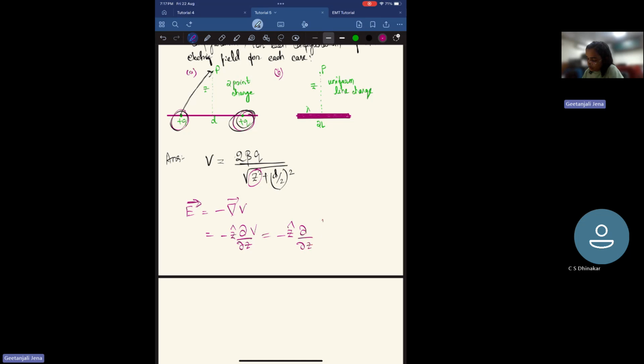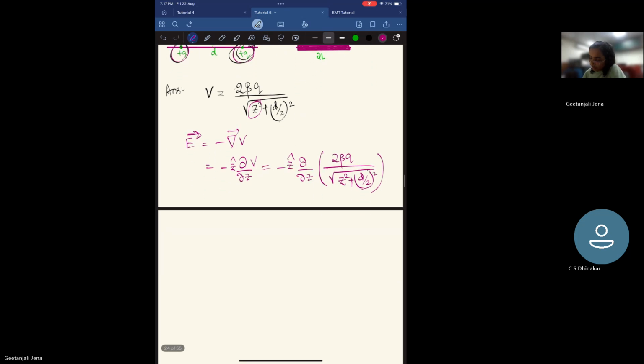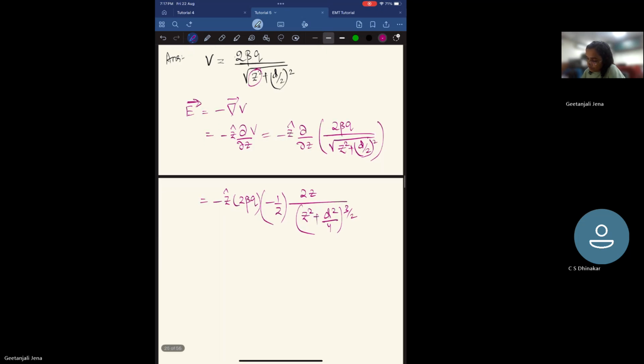Dou by dou z of k q over root of z square plus d by 2 whole square, minus z cube, times 2 k q, and this will give minus 2z divided by z square plus d square by 4, to the power 3 by 2, in z cap direction, right?